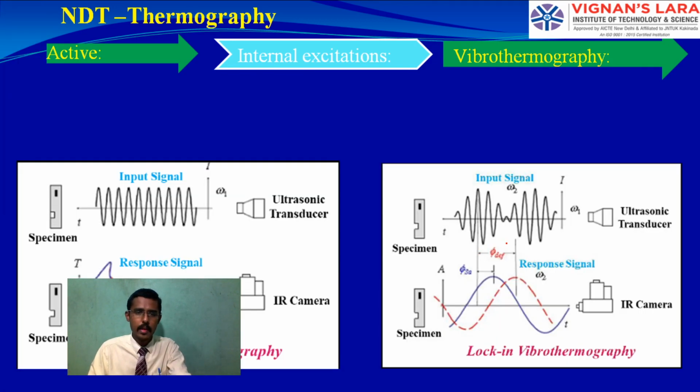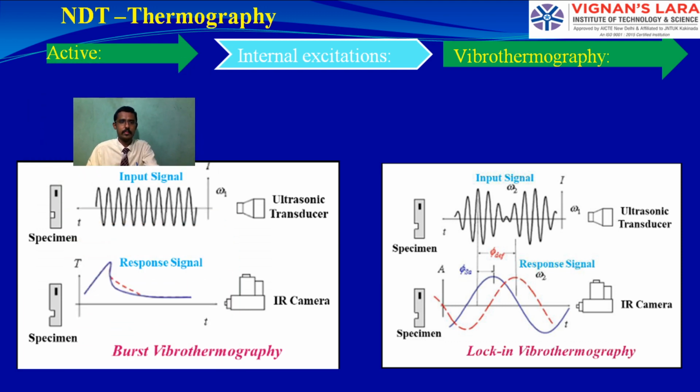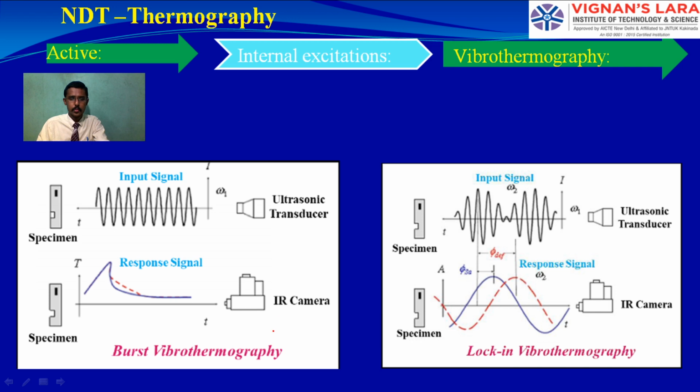So see, we have two methods in this picture. Number 1 is vibrothermography, and number 2 is lock-in thermography. Here the input signals are generally straight, there is no difference. The amplitude and frequency supplied, and the energy generated, are uniform, and it falls uniformly on the specimen.